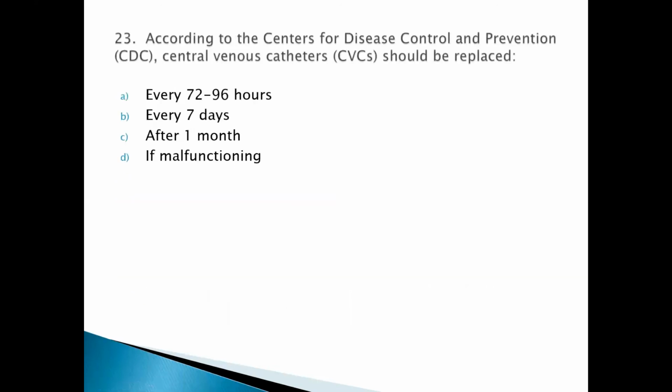Number 23, according to the CDC, central venous catheters should be replaced every 72 to 96 hours, every 7 days, after 1 month, or if malfunctioning.